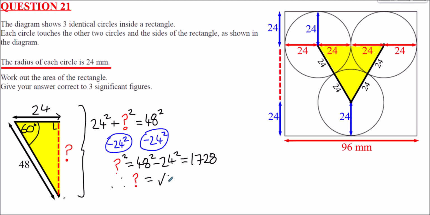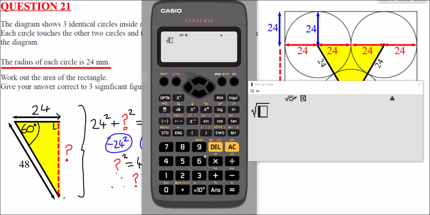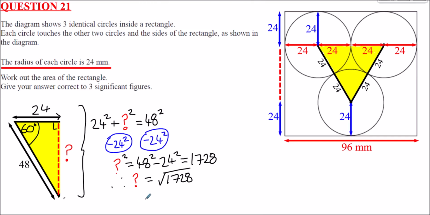So the square root of 1728. If I just square root my answer now, I get that it's 24 root 3. So I can add this on to this one here. So that side, I've now worked out, is 24 root 3.